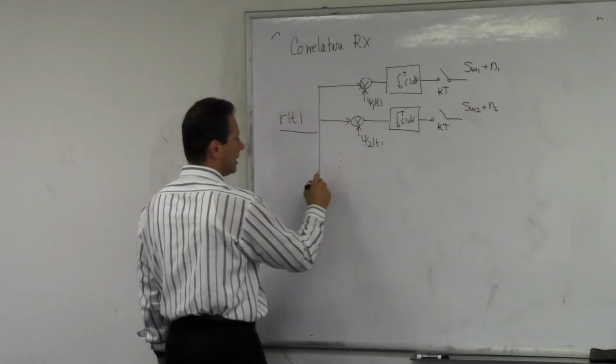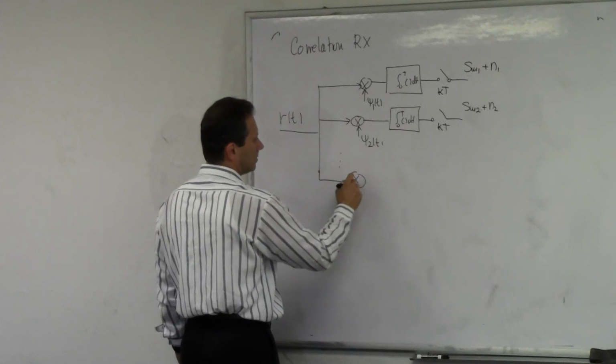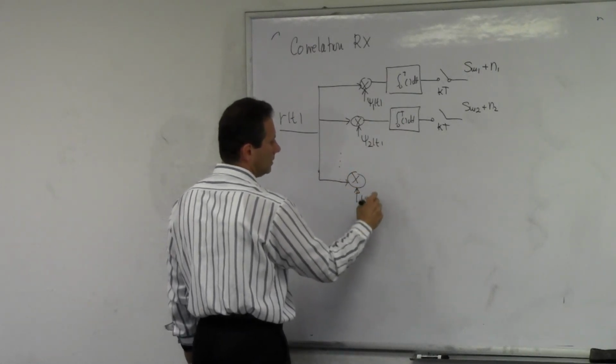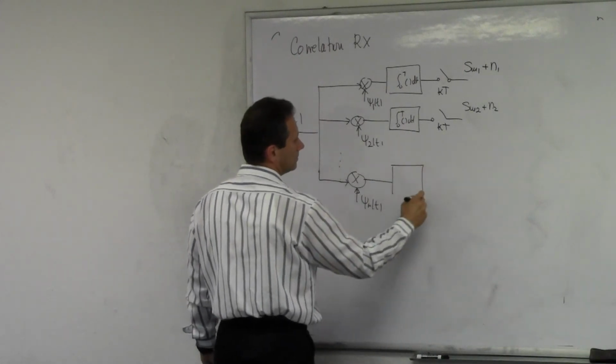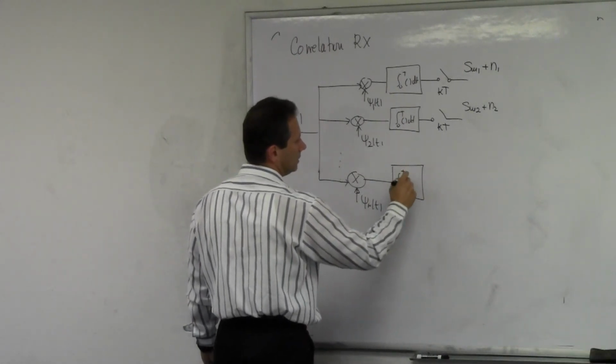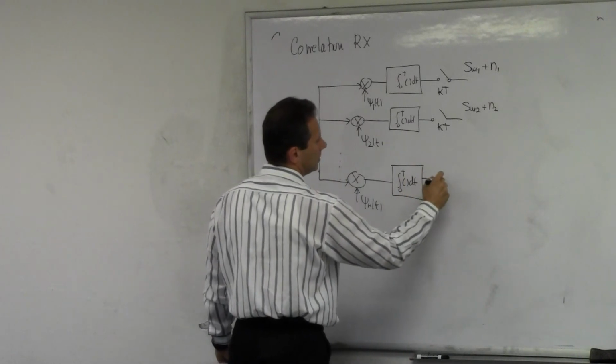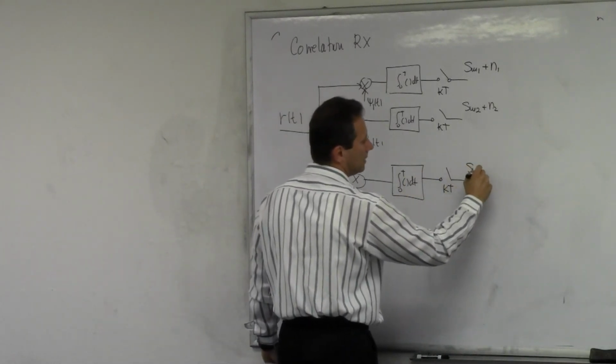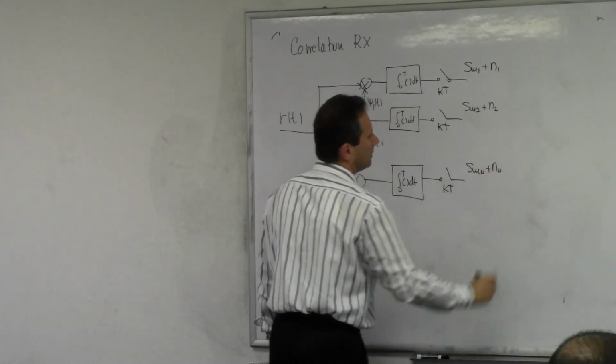And then the last one is going to be your psi n of t, 0 to T dt, sample at kT, and this becomes Smn plus nn.